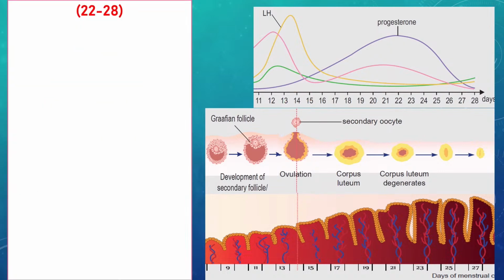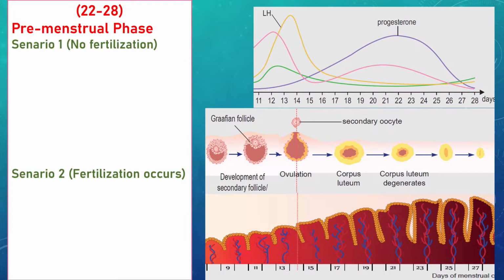And now in this slide, we are going to look into the last phase, or the last week of the menstrual cycle, which we call the premenstrual phase. Now let's see what happened during the premenstrual phase. This premenstrual phase relies on two different scenarios, depending on whether fertilization took place or not.